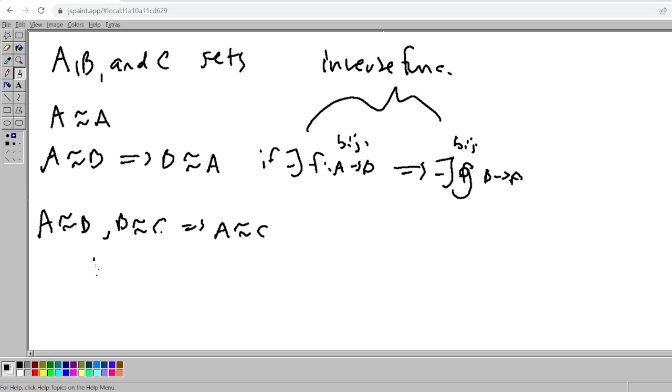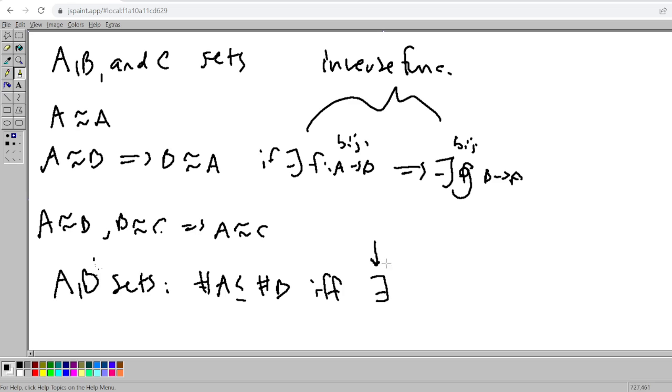Here's another definition. For sets A and B, we define the cardinality of A is less than or equal to the cardinality of B if and only if there exists, I'm using the quantifiers there, and I will also be using for all, there exists an F from A to B that is injective.